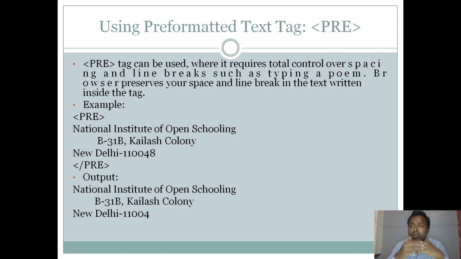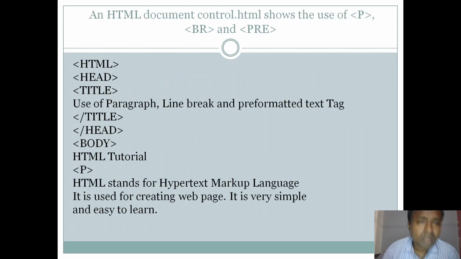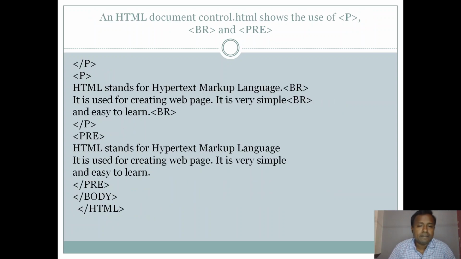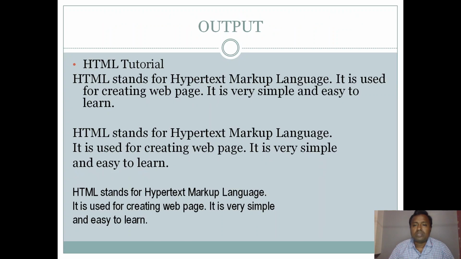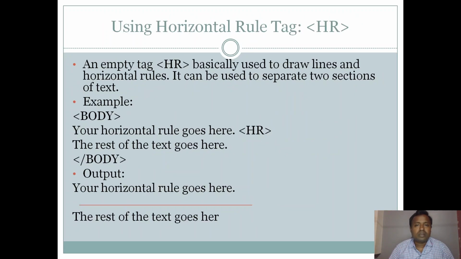If you do not use this pre tag, the browser will execute its default behavior. The spacing and line breaks you give in the text cannot be preserved. If you want to preserve those, you must use the pre tag. Okay, right. Now I hope you understand what the paragraph tag, the pre tag, and the br tag are.